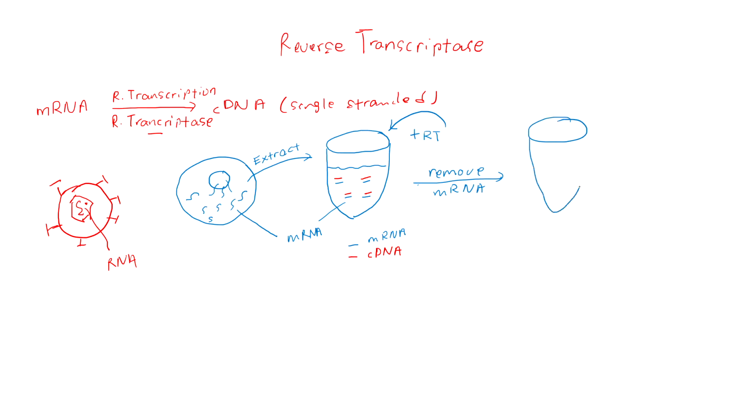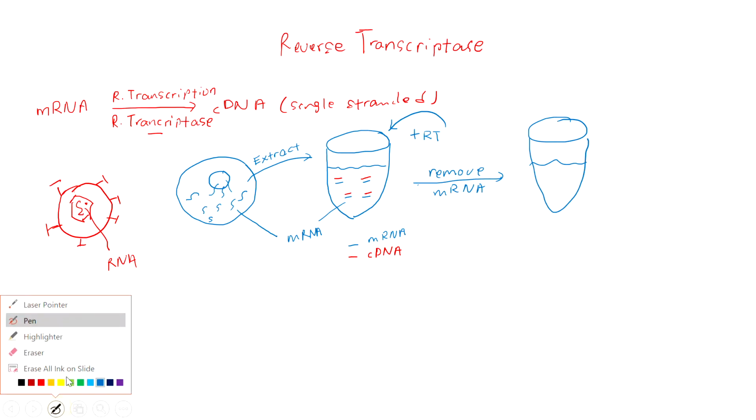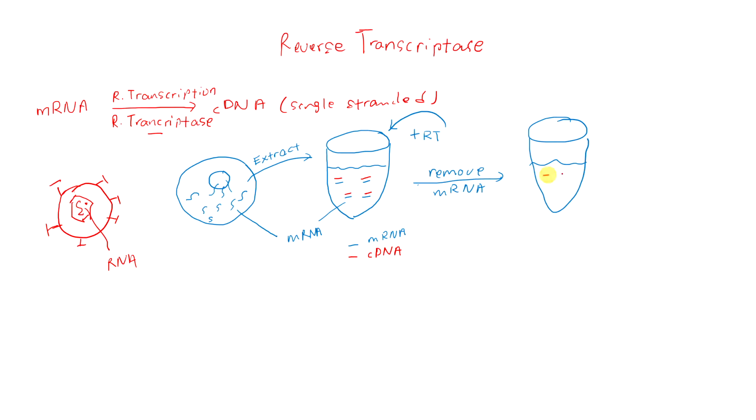Now inside this test tube, you will have solely all the cDNA without any mRNA. Notice that both the mRNA and cDNA are single-stranded, meaning it's only one strand, not double-stranded.